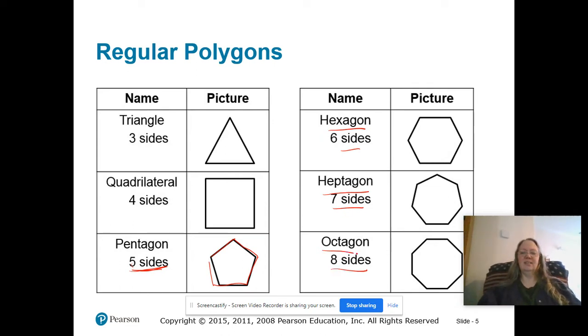And 8 sides is an octagon. By the way, where do you see an octagon? Probably on a daily basis. A stop sign is an octagon.